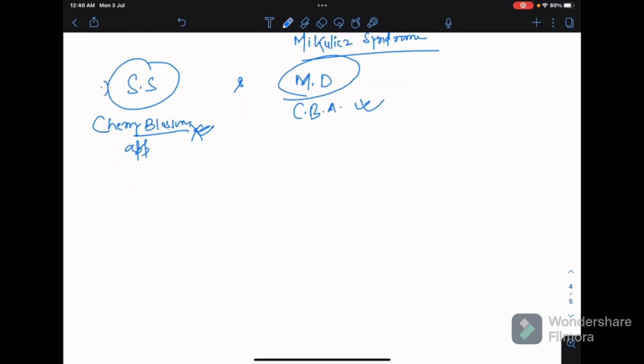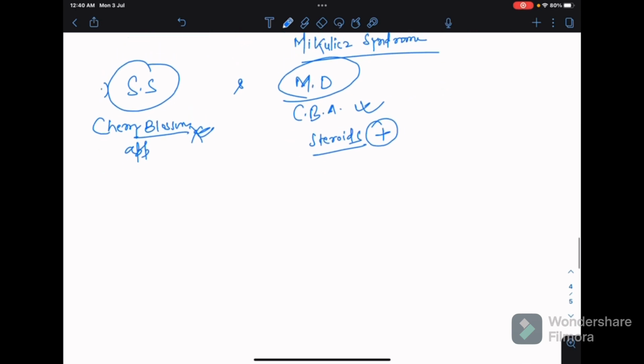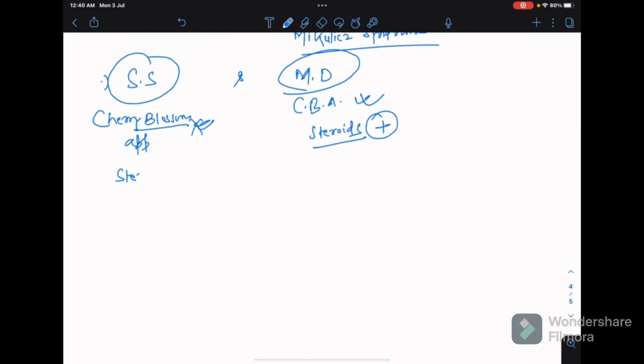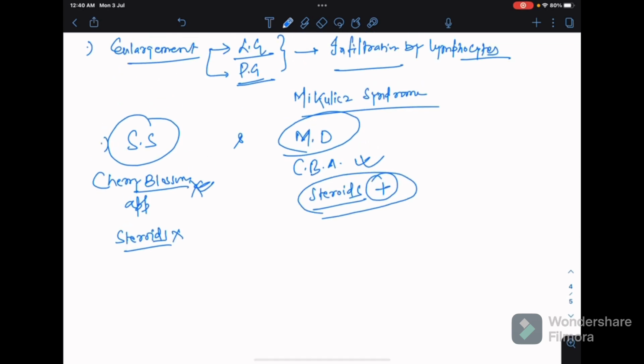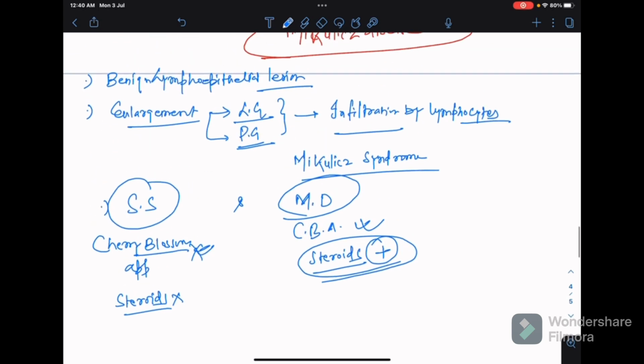And if you give steroid, the patient will respond very well in Mikulicz disease, while in Sjogren syndrome, he will not respond to steroid. So steroid is not effective in Sjogren syndrome, whereas in Mikulicz disease, steroids are effective. Thank you so much.